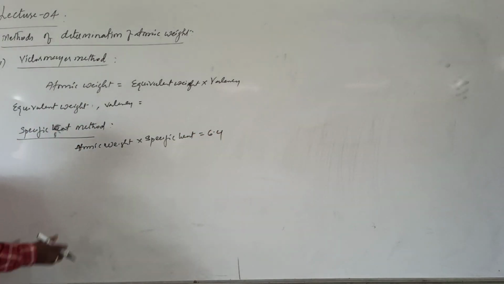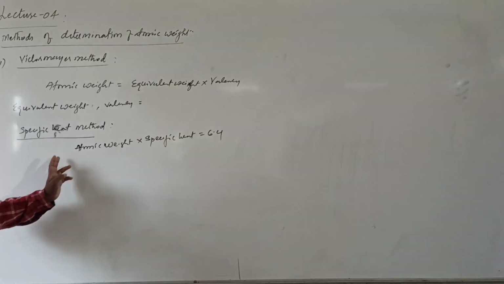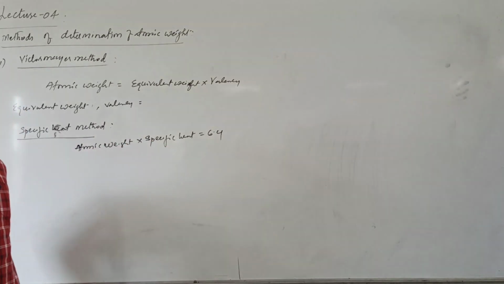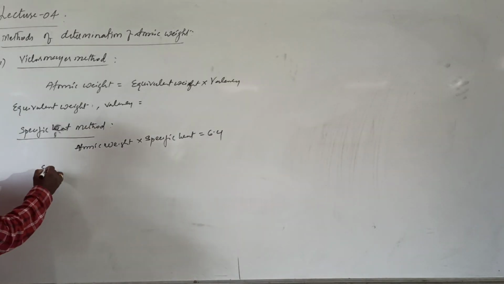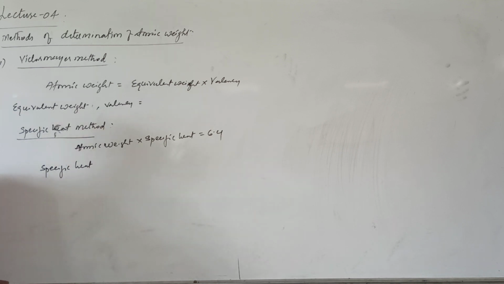From this also you can calculate. So atomic weight will be equal to 6.4 upon specific heat. Here you need to understand what is meant by specific heat. The specific heat is actually a thermodynamical term.